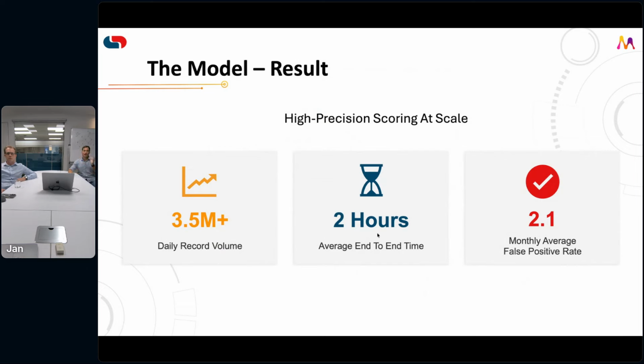The infrastructure running from start to end takes 2 hours on average, and the average is over a month period. What we were really excited about is that our model, the best syndicate model that we had, produced a monthly average false positive rate of 2.1.